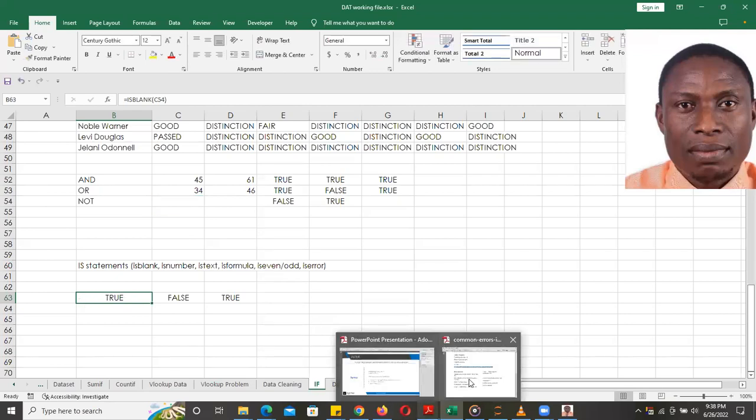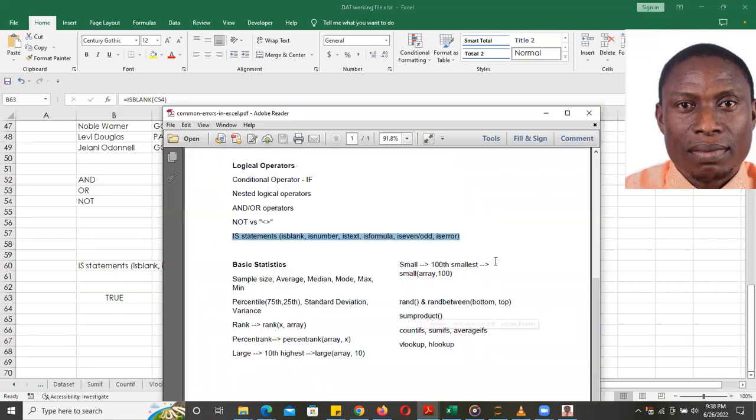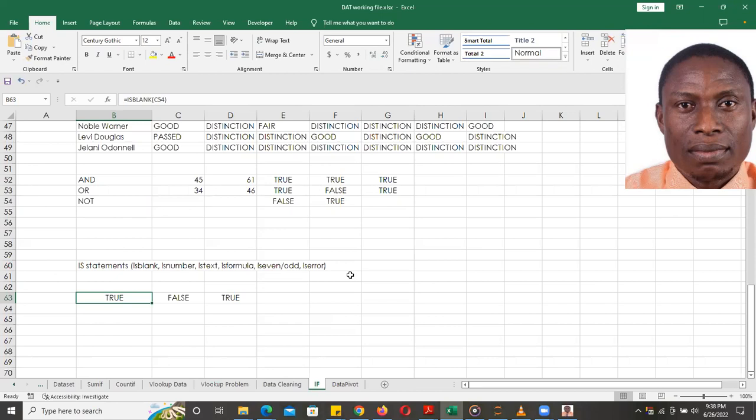Okay, so let's move on to the next one. Sorry, I have a question. What circumstances are we going to use these formulas? Depending on what you are doing. Don't worry, by the time we get there, I will start to show you. One of the data sets we are going to use, I will try and get one of my old data sets that I used for a particular project some time ago.